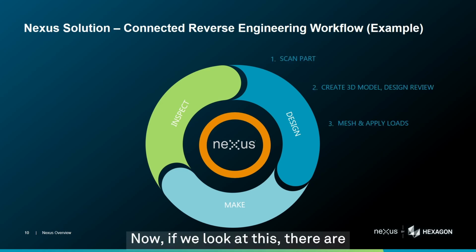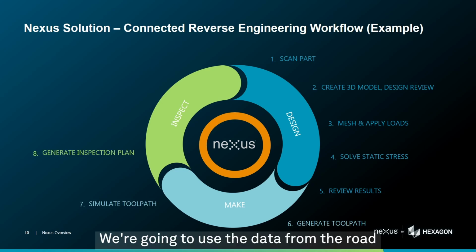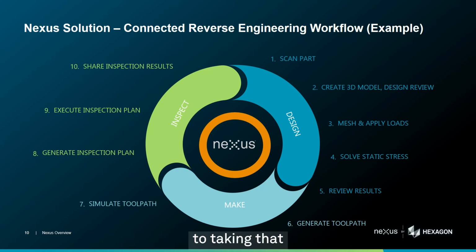Now, if we look at this, there are different steps in the process. We can use the data from taking that mesh data, creating a full fidelity 3D design out of it. From there, you want to analyze the design, and you review the design with some of the stakeholders.